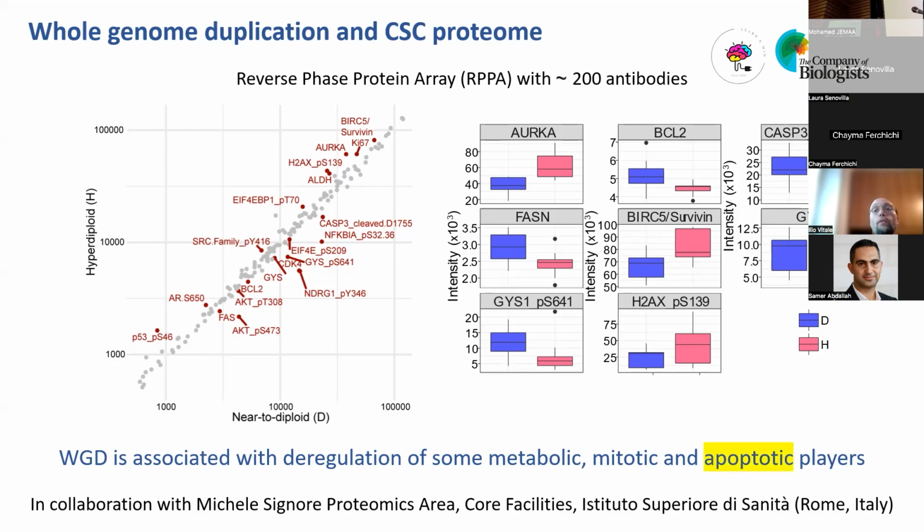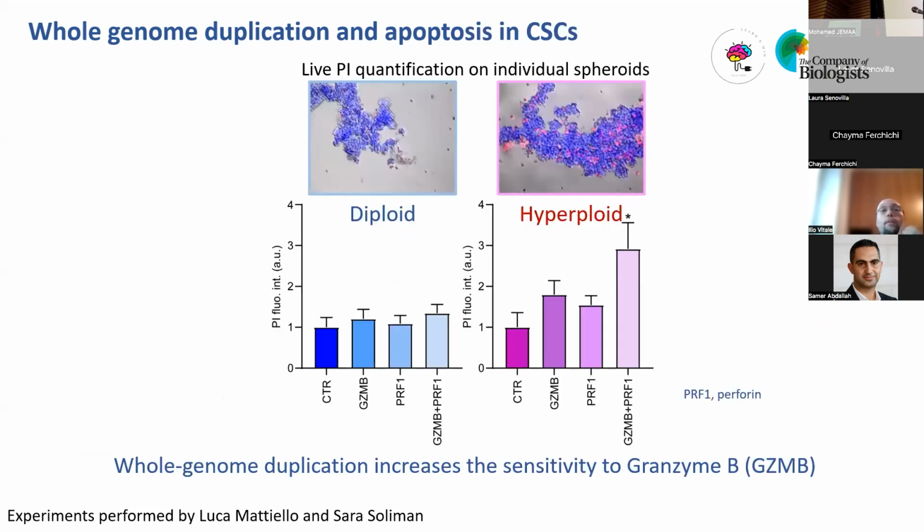The first one is that the hyperploid clones were more sensitive to granzymes as compared to diploid clones, as shown here in PI staining. So we observe increased apoptosis in hyperploid clones.